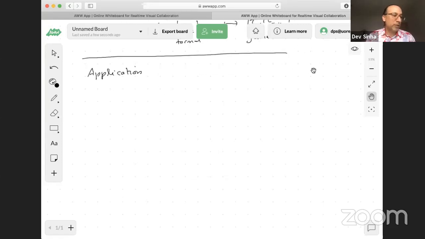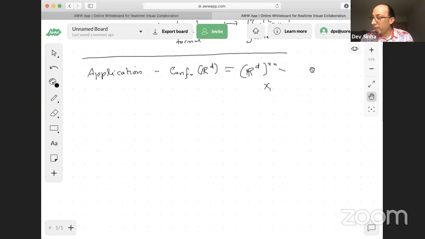And that's to looking at configurations of endpoints in R^d. So what is this? This is really the Cartesian product, but I'm going to take away points where some points are repeated, are equal.